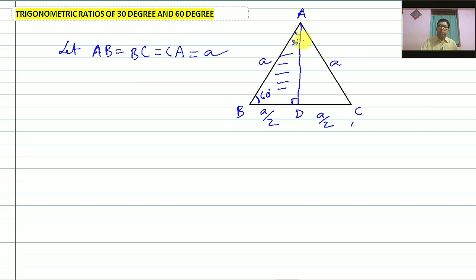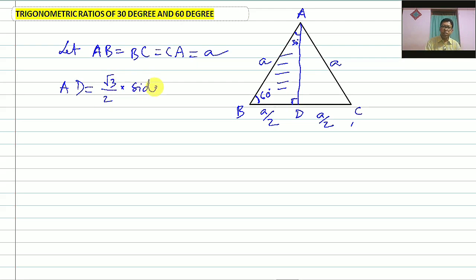Okay, leave 30 degrees. Before that we have to find out the trigonometric ratios for angle 60 degrees. Now one property you know already in 7th standard, what is the formula of the altitude of an equilateral triangle? Here AD is equal to root 3 upon 2 into side.